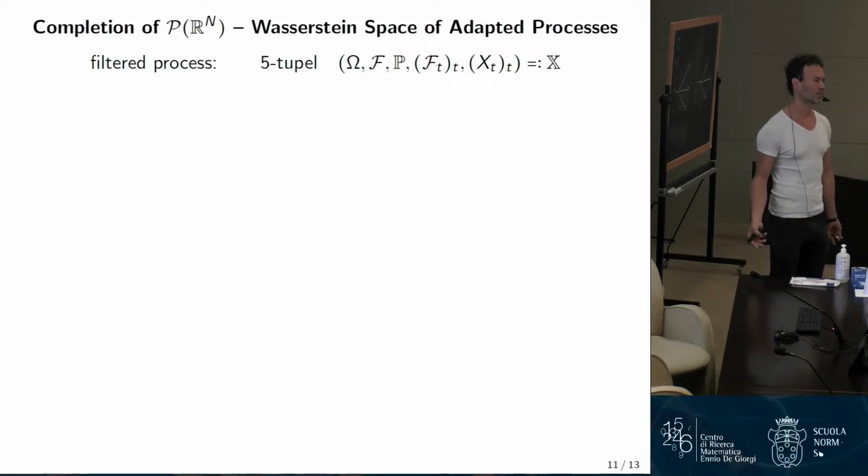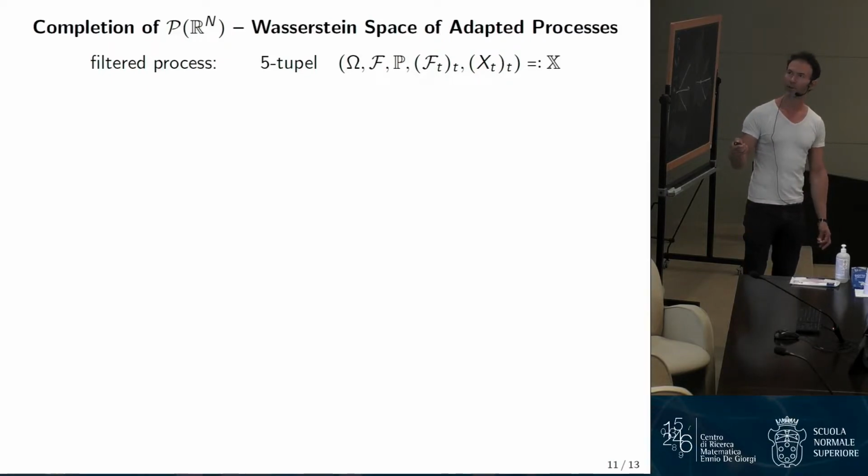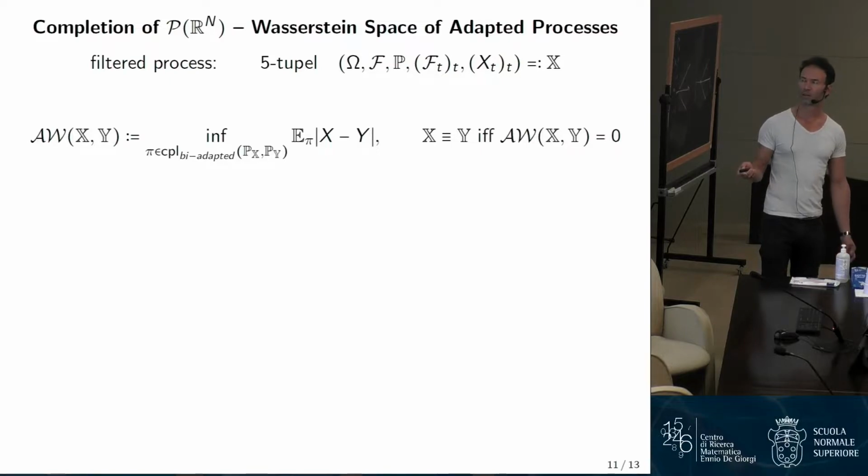So if you think back to stochastic processes, there is always this setup: you have a probability space and an adapted process with respect to some filtration. And if you are in this setup, you can again introduce this adapted Wasserstein distance. You look at couplings on the space, which in some way respect the filtration. And you need to make some identification when they have distance 0.